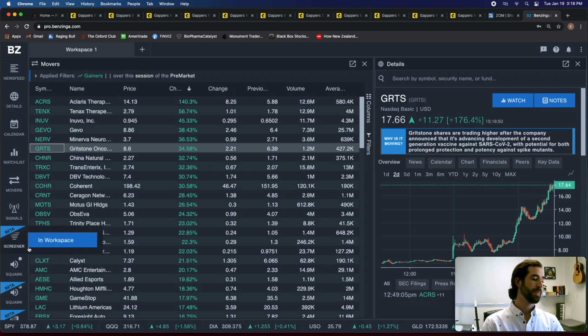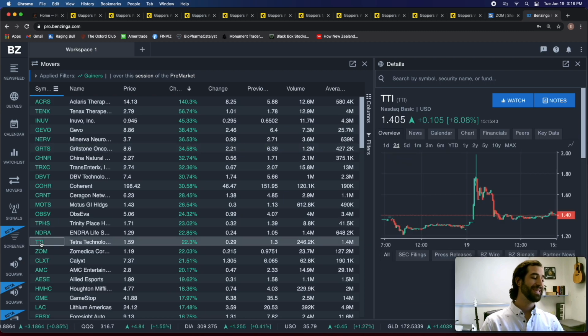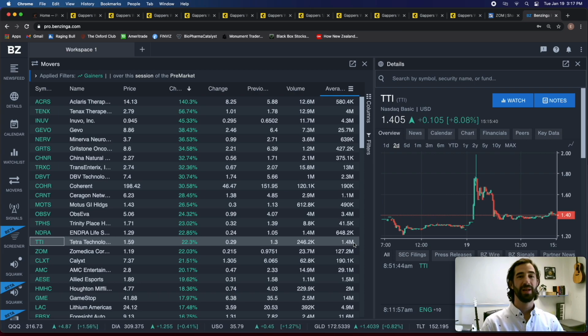Having said that, now let me give you a quick example of something that would not make the cut. So symbol TTI, Tetra Technologies. This is a stock that on average trades 1.4 million shares in a single day, and on this particular day in the pre-market, it had traded 250,000.